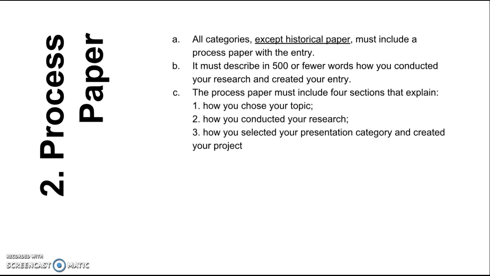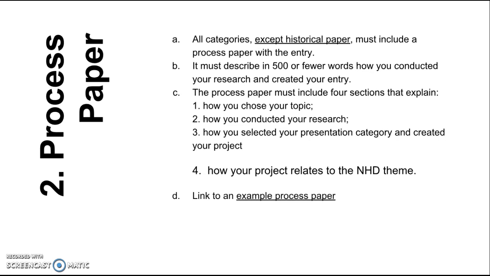The process paper must include 4 sections that explain 1, how you chose your topic, 2, how you conducted your research, 3, how you selected your presentation category and created your project, and 4, how your project relates to the NHD theme, the National History Day theme. On your material resource page in Google Classroom, I've given you examples of process papers so you'll be able to see what those are.